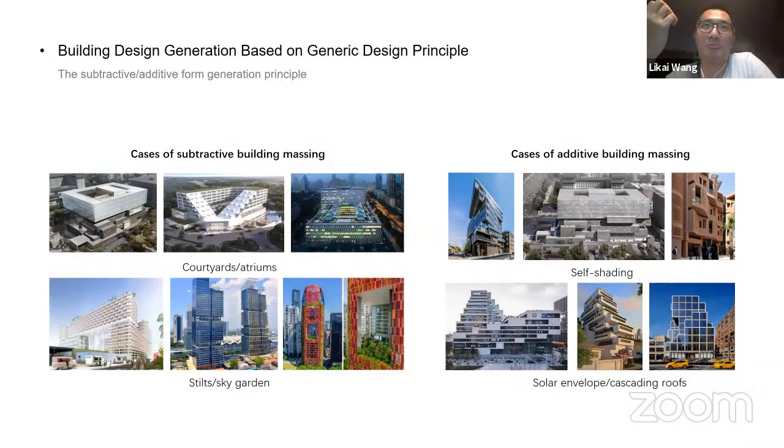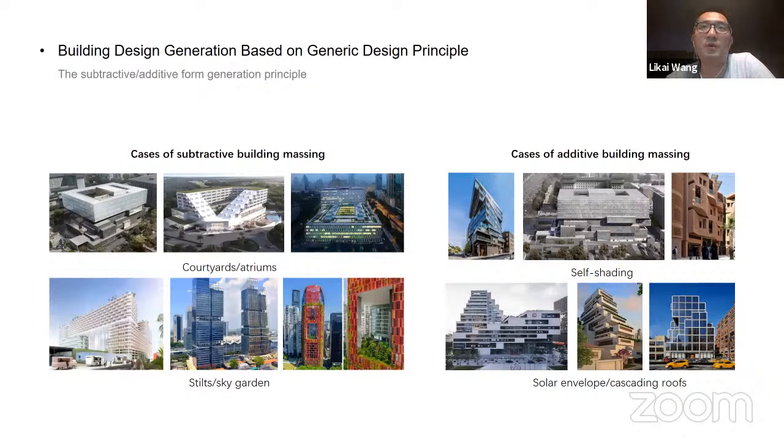So you can use the subtractive and additive form generation principles to describe basically all kinds of building in the world. In reverse, we can use these two principles to generate all kinds of building that can be described by them.